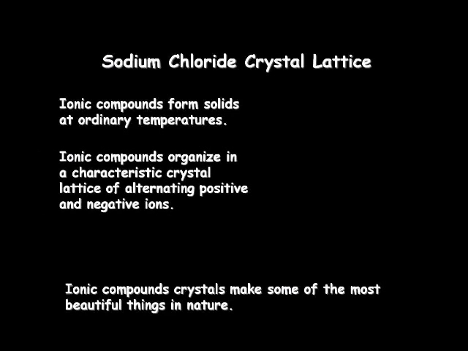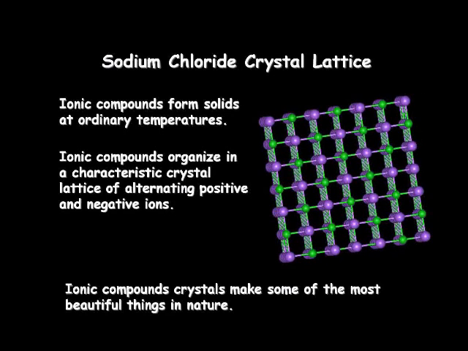They organize into this crystal of alternating positive and negative ions. This would be one formula unit of sodium chloride. Here would be another, here would be another. And we can see these different sodium chloride units forming together.